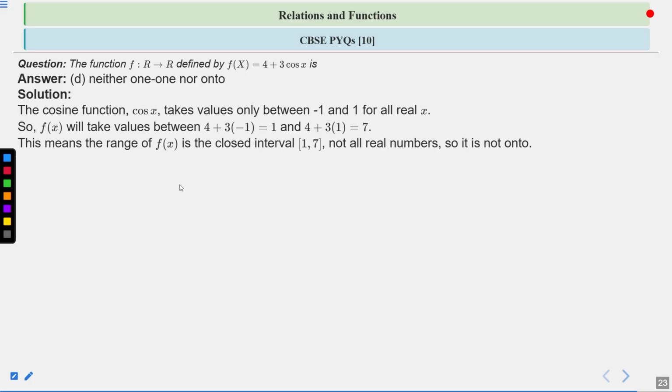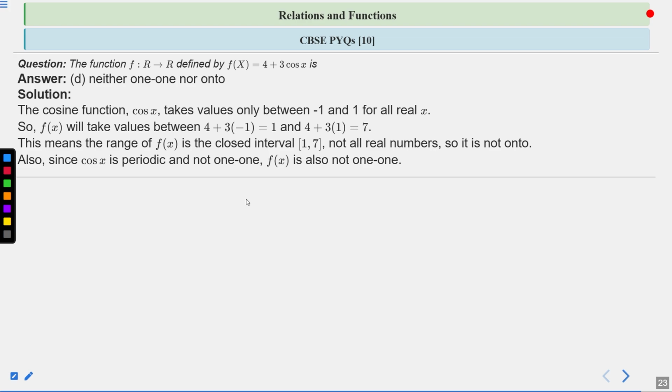This means that the range of f(x) is the closed interval from 1 to 7. But for the function to be onto, codomain is equal to range. Codomain is R, but range is from 1 to 7, so it is not an onto function.